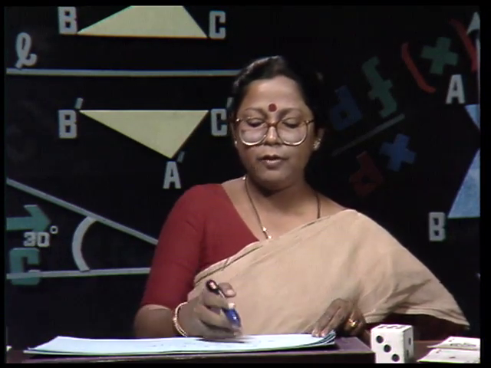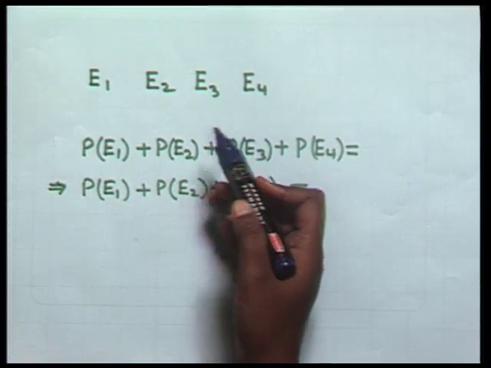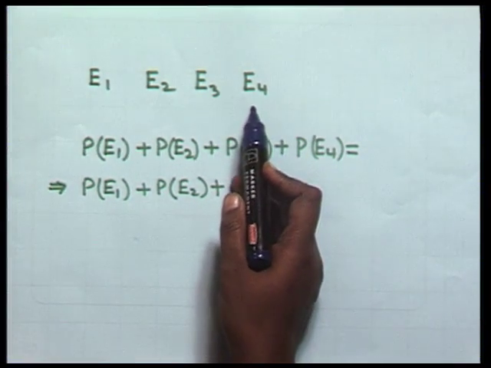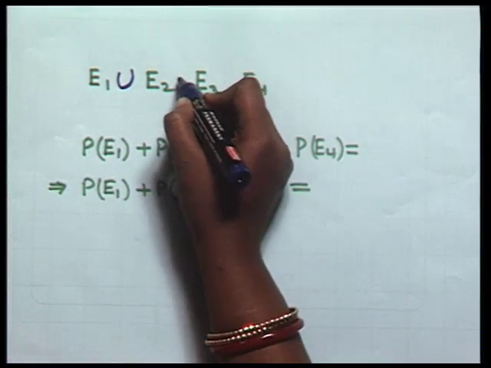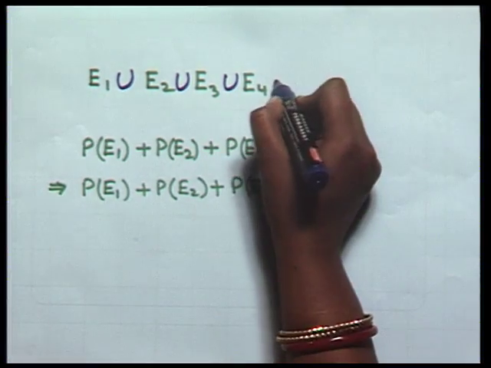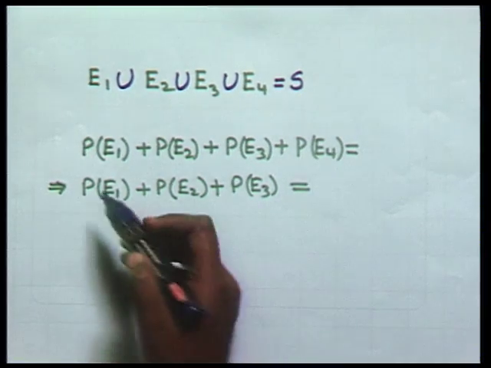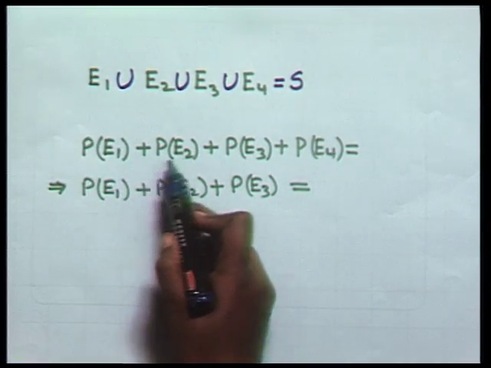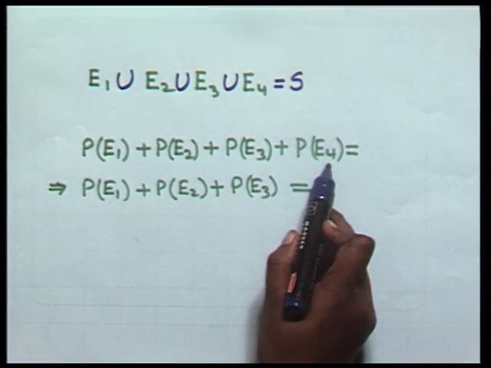But we know that event E1, E2, E3 and E4, they are mutually exclusive and exhaustive events. So, E1 union E2 union E3 union E4 gives us the sample space S, and probability of event E1 plus probability of E2 plus probability of E3 plus probability of E4 will be equal to 1.